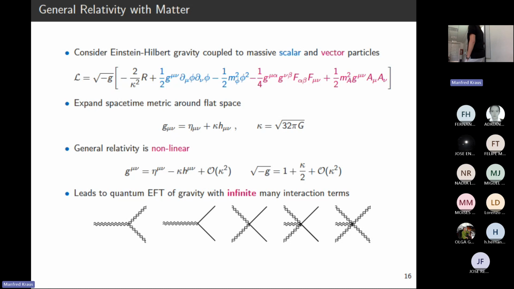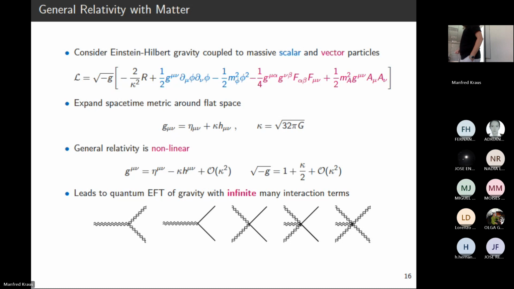So the problem is that general relativity is nonlinear. If you have a g with upper indices, it has an infinite expansion in kappa. The same you have with the determinant of the metric here. It has an infinite expansion. That essentially tells you that your Lagrangian has infinitely many terms, and you have infinitely many Feynman rules to take care of.